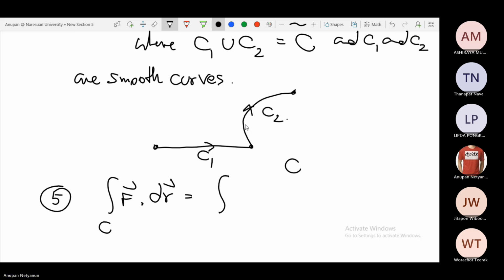Then negative C is going to be the same curve C, but in the opposite direction. What you get is going to be the negative sign.